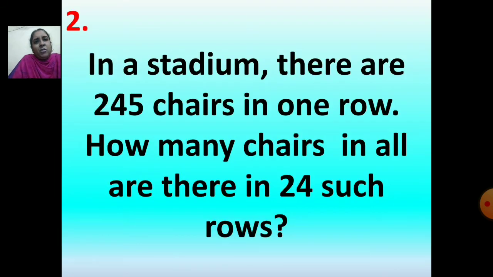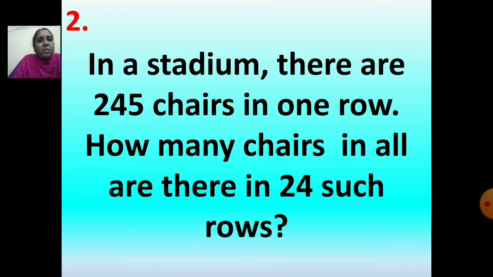Now let us do the second sum, children. In a stadium, there are 245 chairs in one row. How many chairs in all are there in 24 such rows? There are 245 chairs in one row and there are 24 rows. So let us see.